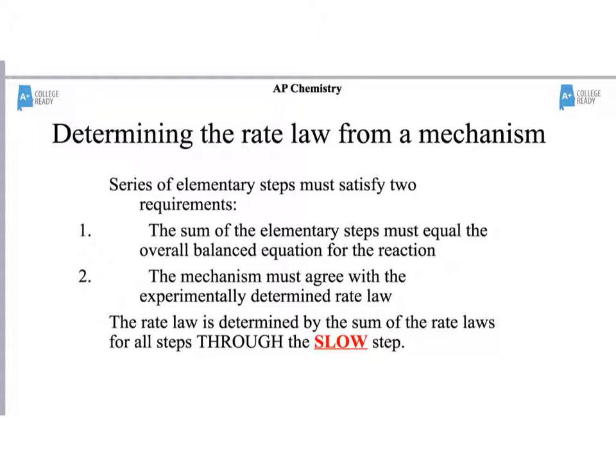The rate law is determined by the sum of the rate laws of all the steps through the slow step. The slow step is going to be the one that determines how fast the reaction can go, and therefore it determines the orders of the reactants.